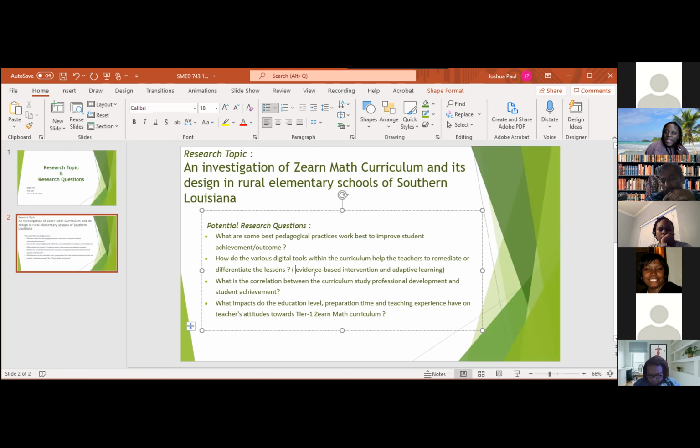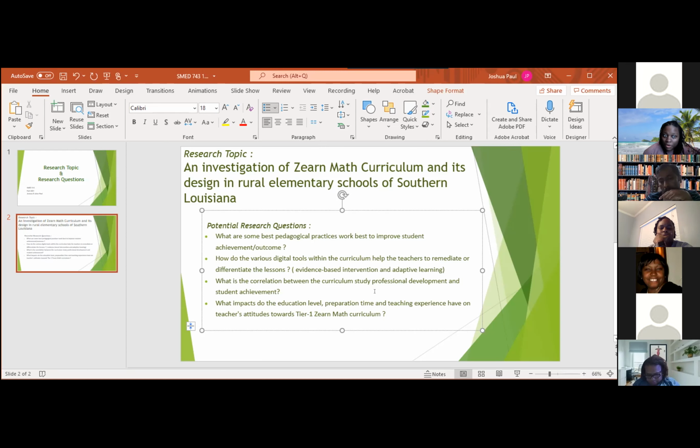Because you could have two different questions, one that focuses on student achievement, and perhaps something else that focuses on student outcomes, with a very specific definition of what you mean by student outcomes versus student achievement.